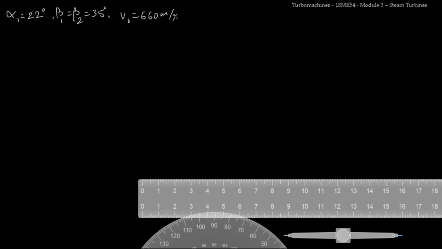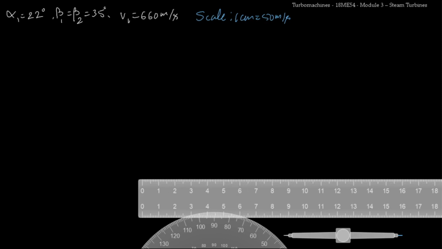So for that purpose what I will do is I'll assume a scale. For an impulse turbine always V1 is the longest side. So I'll choose approximately scale, I'll take the scale as 1 centimeter equals 50 meter per second. So if I take 1 centimeter equals 50 meter per second, then the length of V1 will be around 13.2 centimeters. That is we can accommodate that in our 15 centimeter scale.